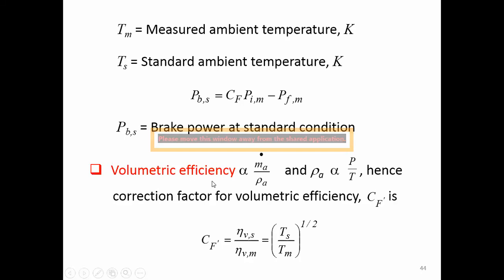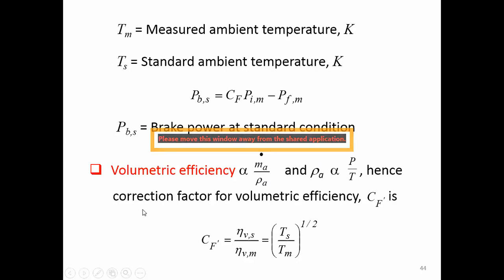How about the volumetric efficiency? The volumetric efficiency, of course, by definition, varies with the actual air flow rate and the density of the air. And we all know that density varies with what? The pressure and the temperature. So that means the volumetric efficiency also varies with the ambient conditions.